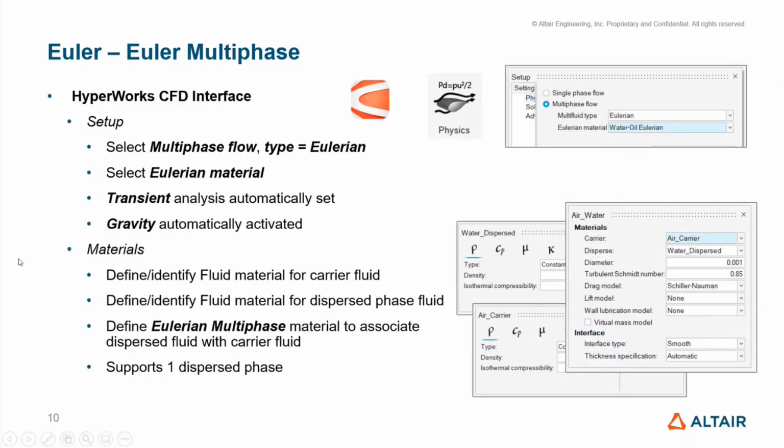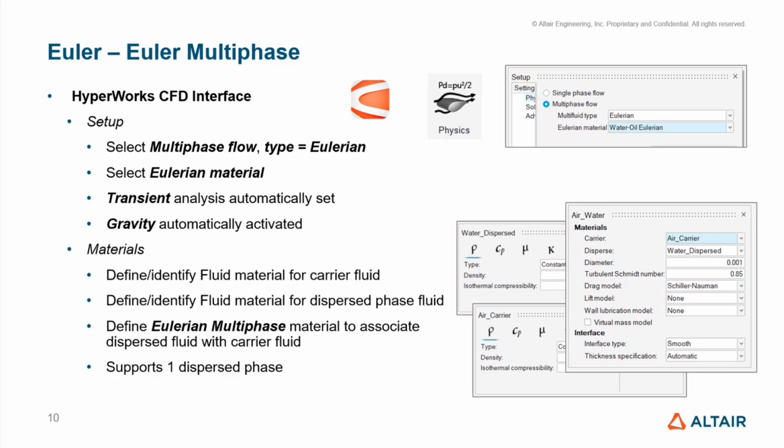In the HyperWorks CFD interface, the user activates multi-phase flow and sets the type to Eulerian. The Eulerian material of water, oil, is then populated.